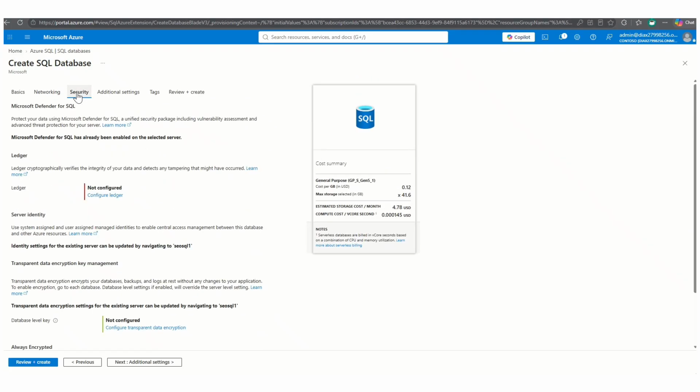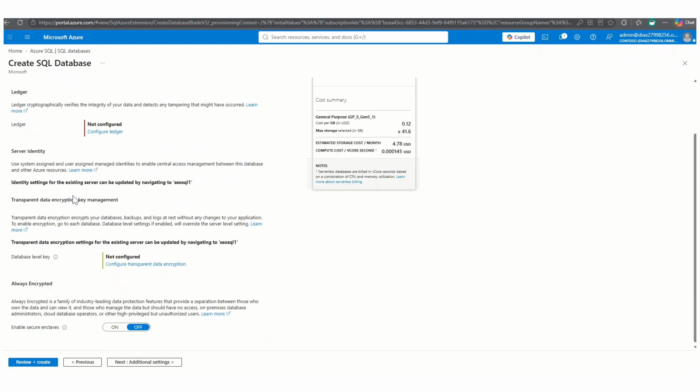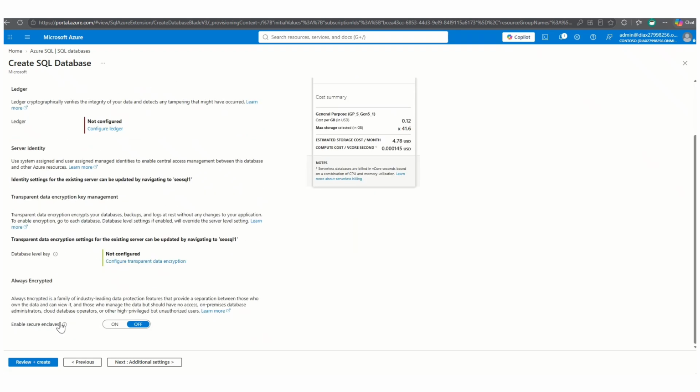In terms of security for this database, here we have, of course, the server identity, which we discussed, but also Always Encrypted.